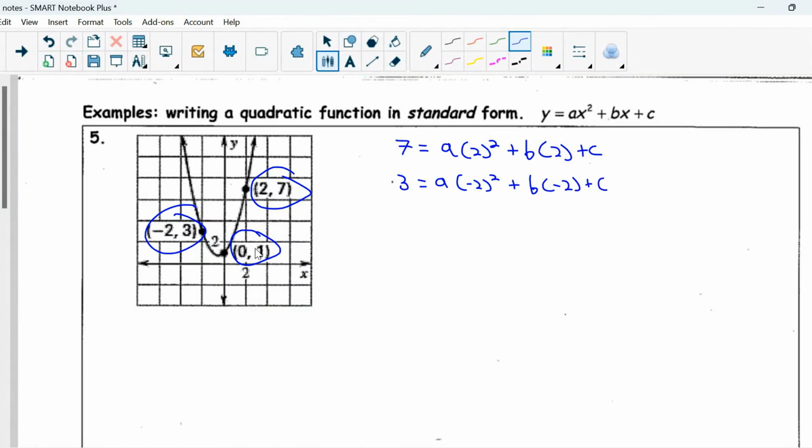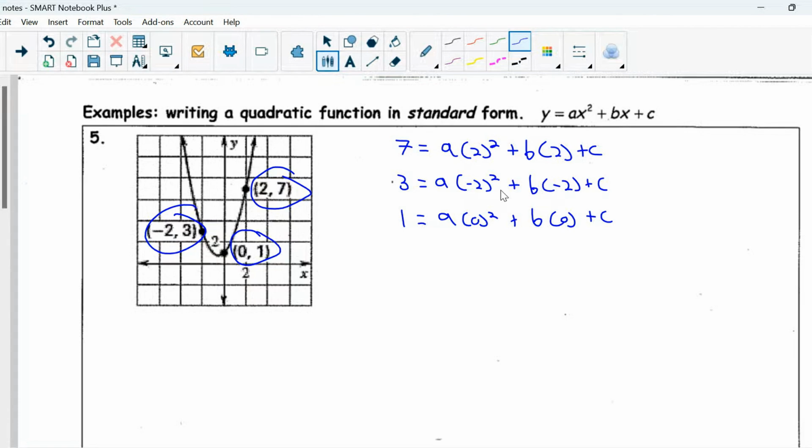And then our final equation, which is y equals a times 0 squared plus b times 0 plus c. So essentially, I just substituted in my x's and y's into 3 different standard form equations.